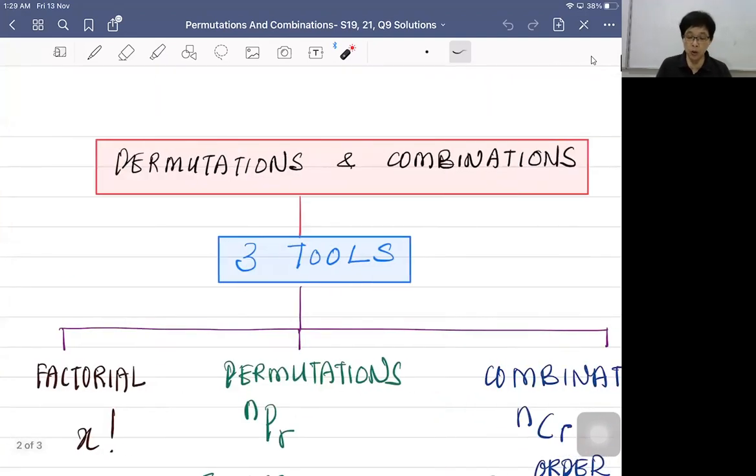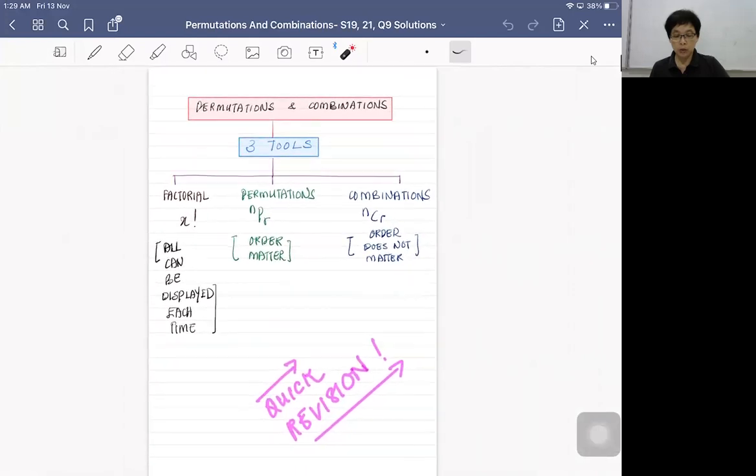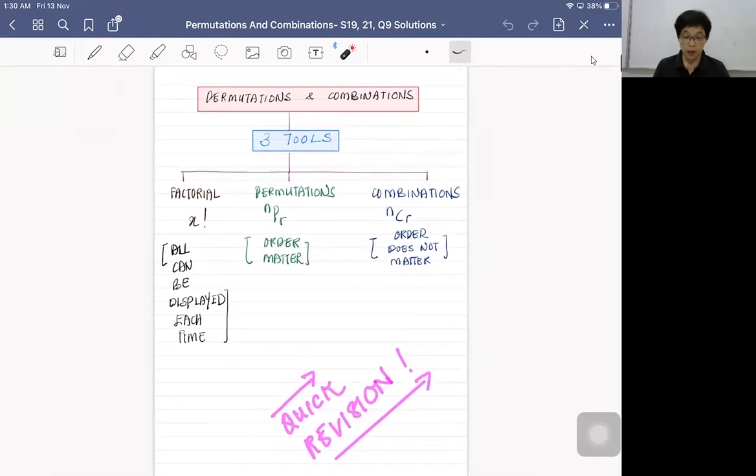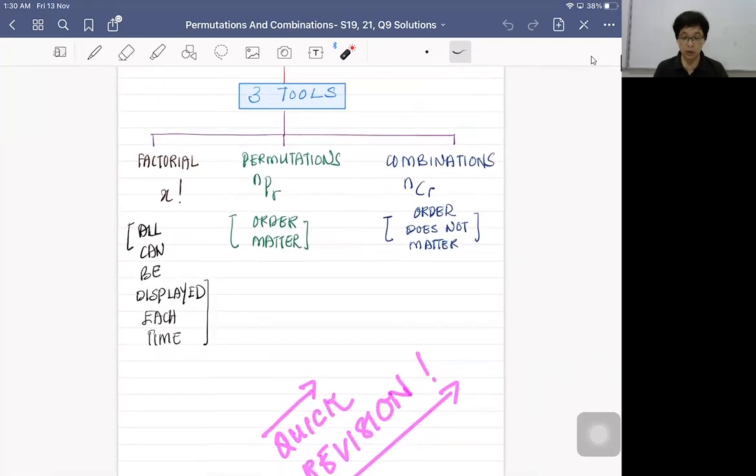Before we go to the solution, let us take a quick revision over this topic. Overall, out of this topic, we only have three main tools to go about all different types of scenarios or conditions.